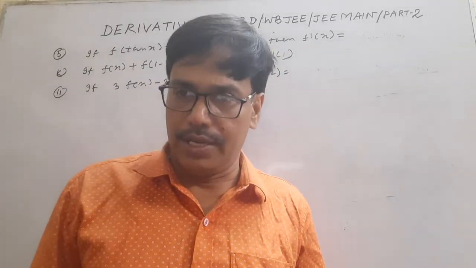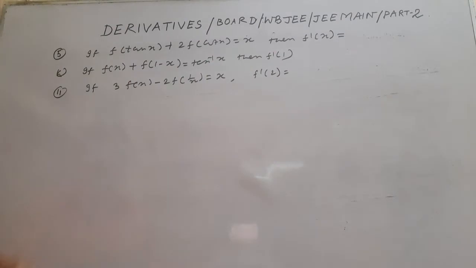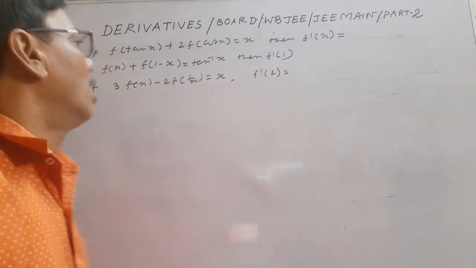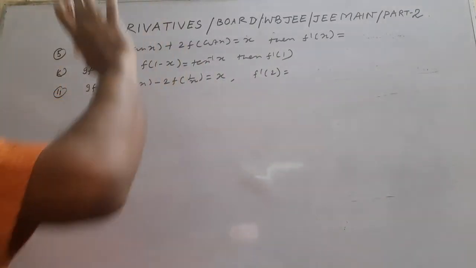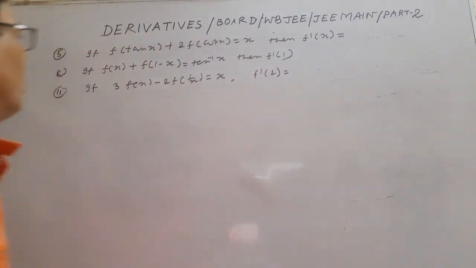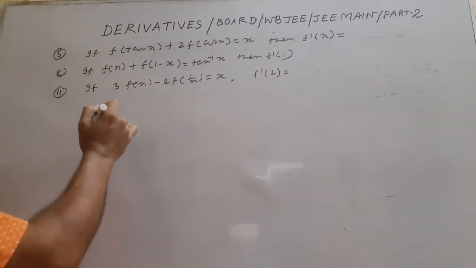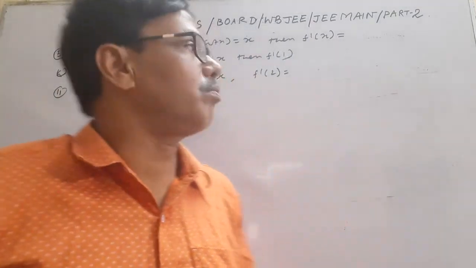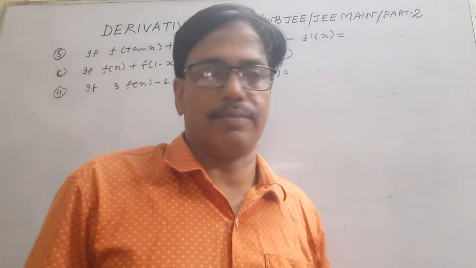We have already discussed this type of problem in derivative of functional relation. Now look, they are of same type. So our main aim is to find fx from functional relation.